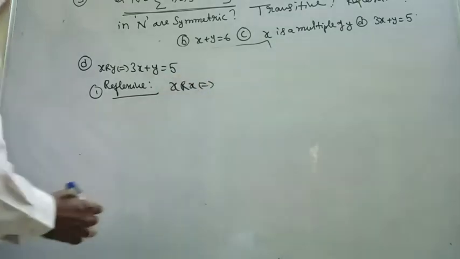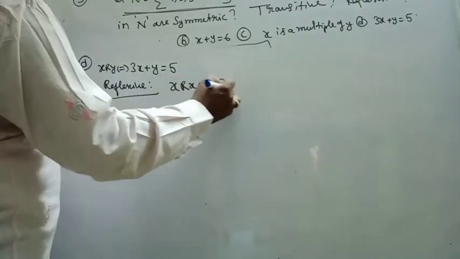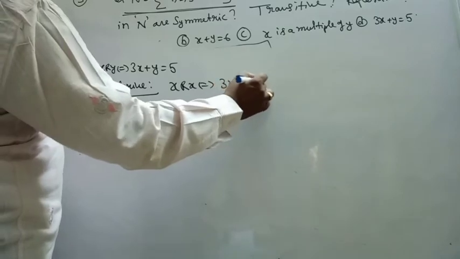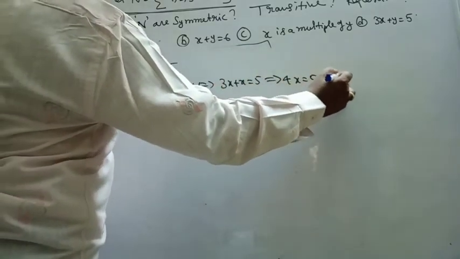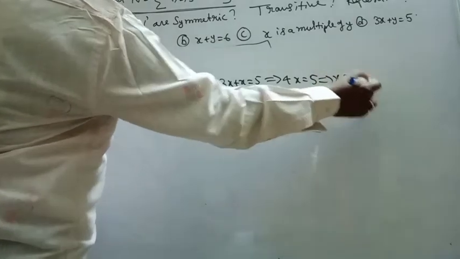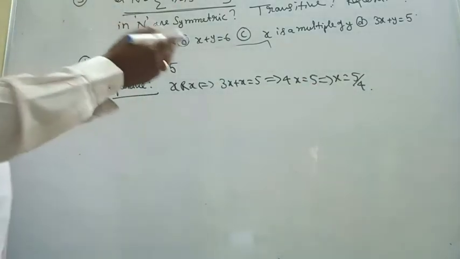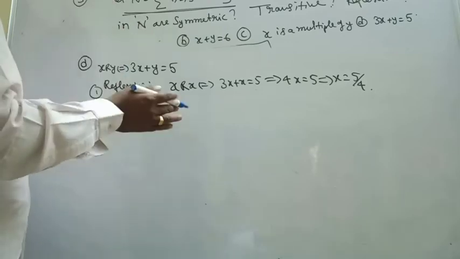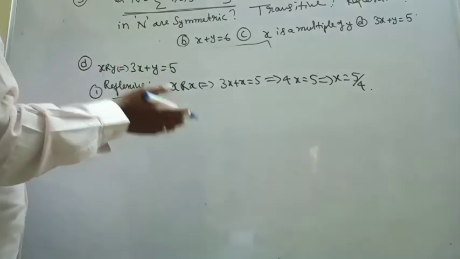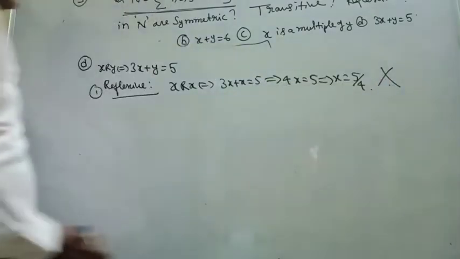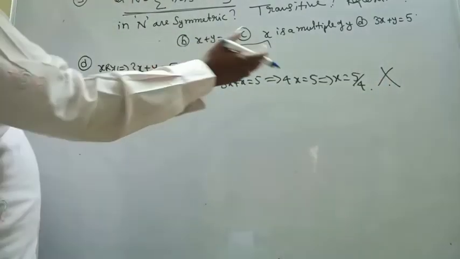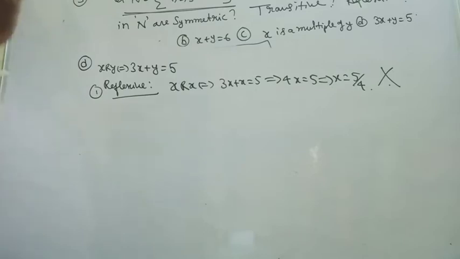That means 3x plus x is equal to 5, so 4x is equal to 5, that means x is equal to 5 by 4. Here x equal to 5 by 4 is not a natural number and it is not satisfied for any natural number at all. Therefore it is not satisfying reflexive.